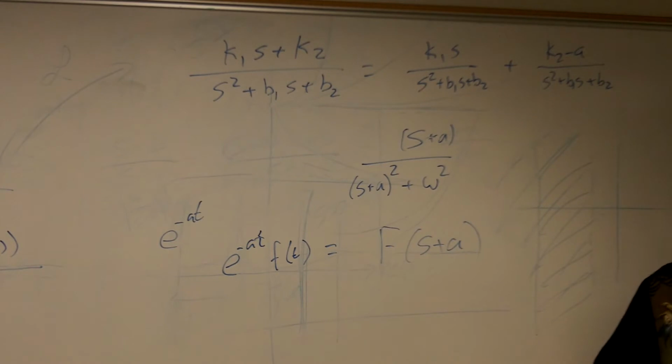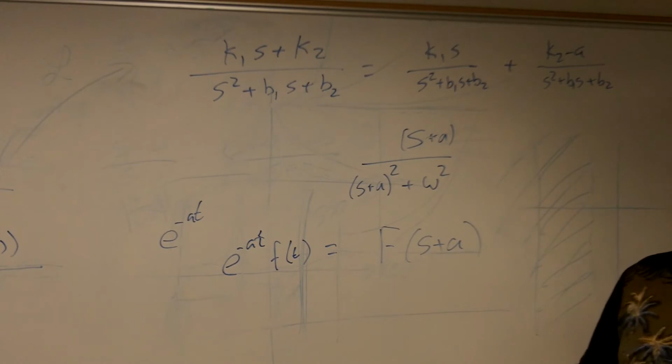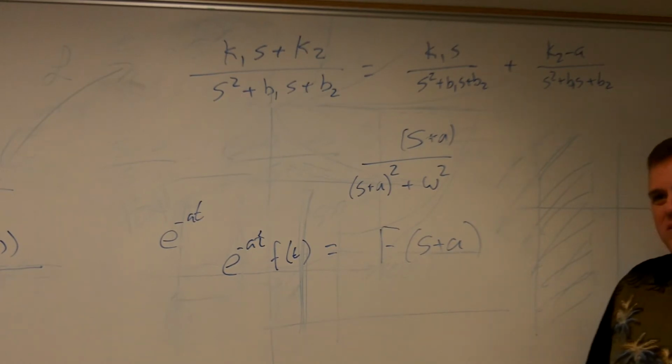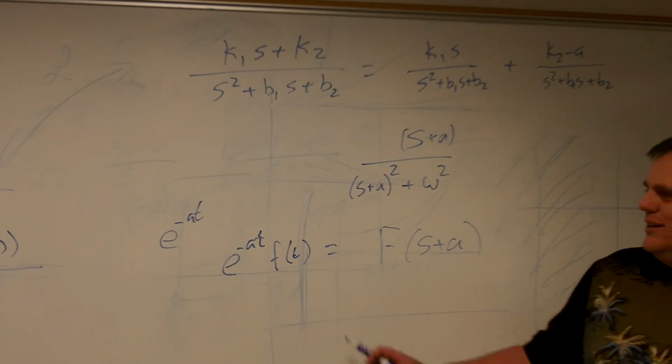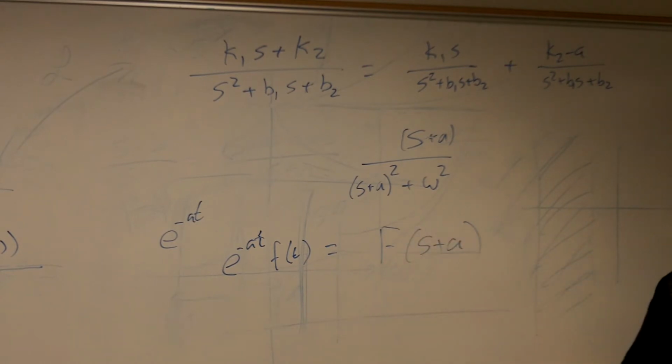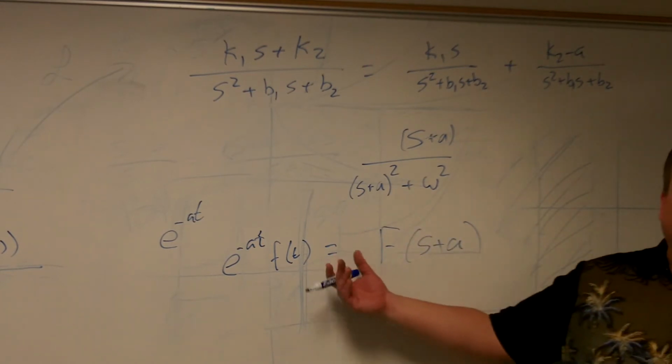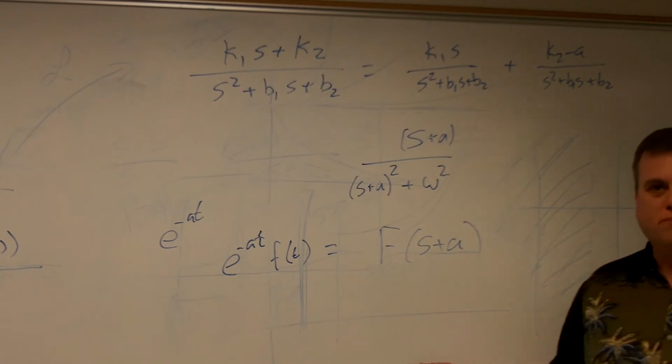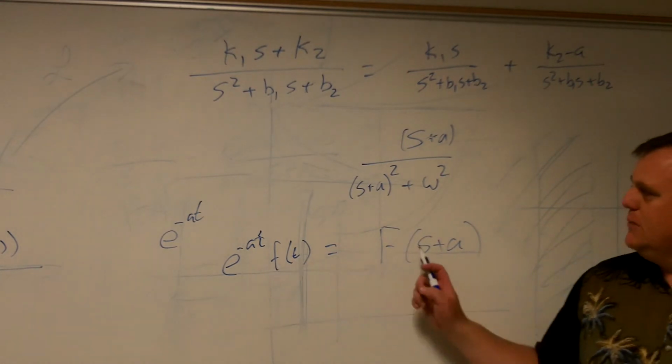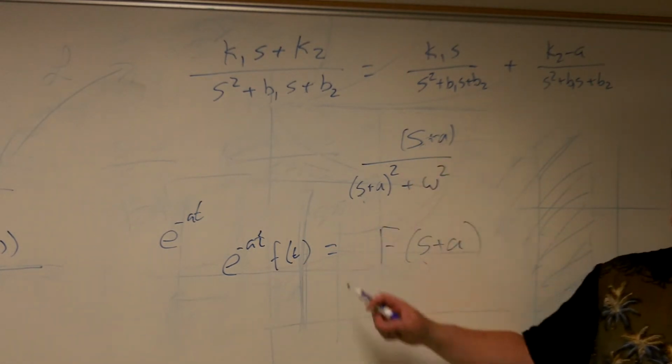I said, remember this one, I was only going to develop ones that were really important to us. And this is one I kind of had to back into a little bit. I know I want something of this form. This becomes important because it allows me to deal with this.